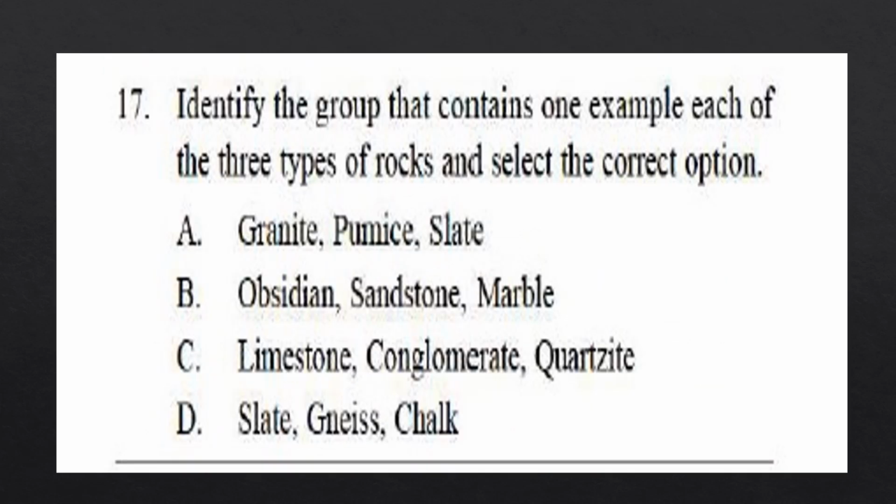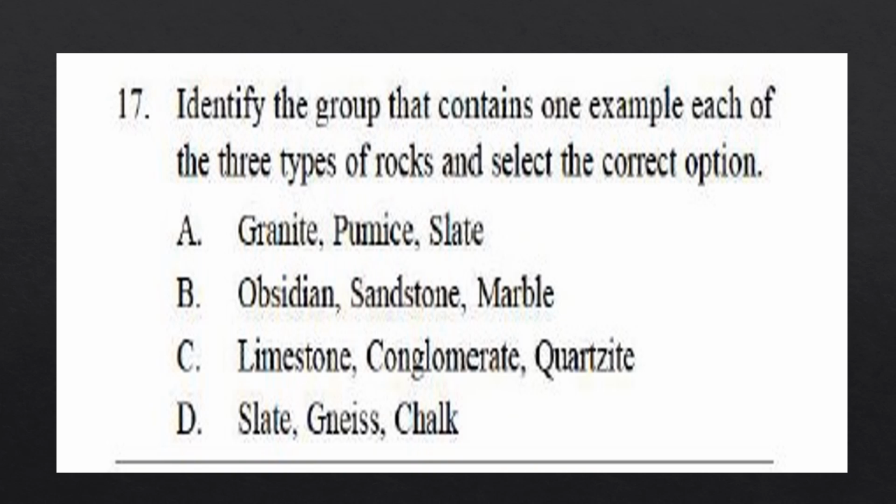Question number 17. Identify the group that contains one example each of the three types of rocks and select the correct option. A. Granite, pumice, slate. B. Obsidian, sandstone, marble. C. Limestone, conglomerate, quartzite.